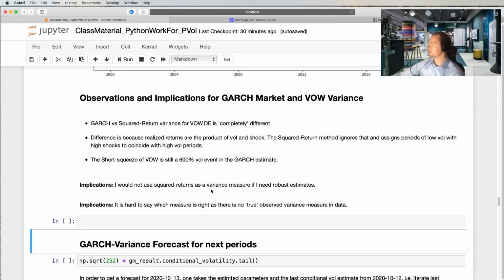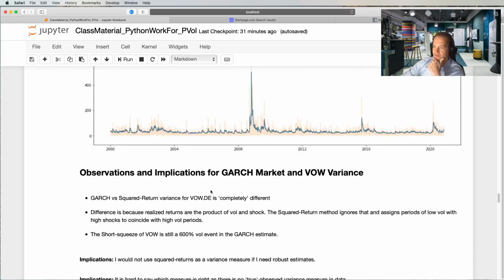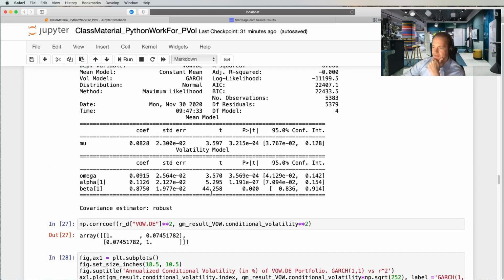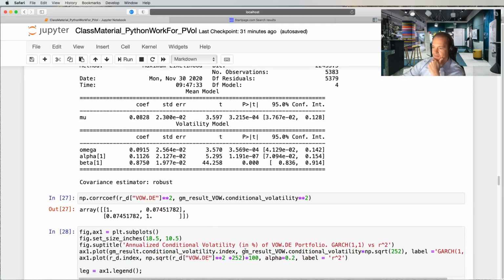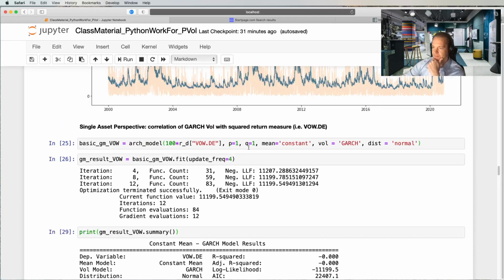Let me go to the chat. How do we know whether GARCH 1,1 with a constant mean is the correct specification? Exactly. How do you know? Now, what can you do from a data science perspective? You can change the specifications.